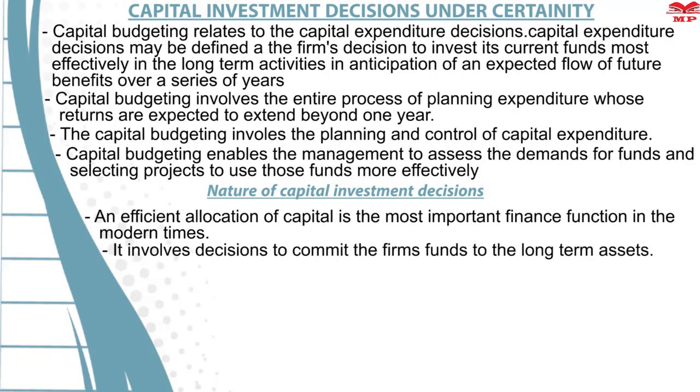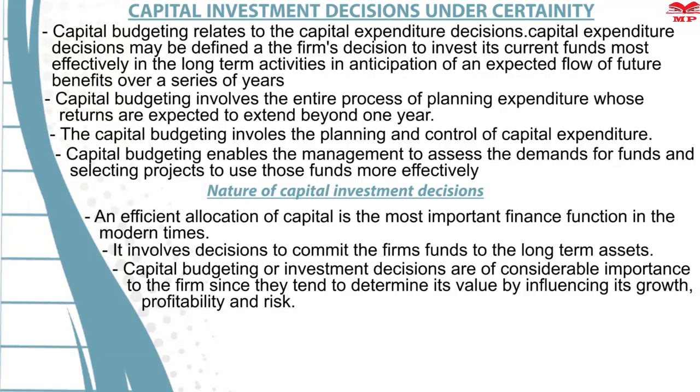It involves decisions to commit the firm's funds to long-term assets. Capital budgeting or investment decisions are of considerable importance to the firm since they tend to determine its value by influencing its growth, profitability, and risk.